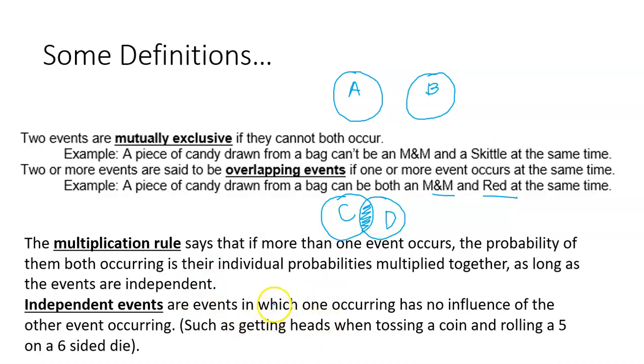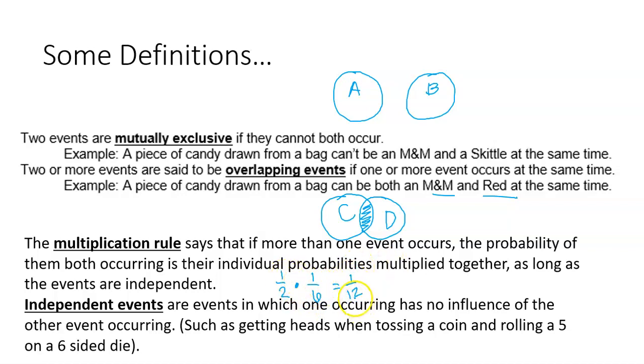The probability of getting a head, if I'm tossing a coin, is 1 out of 2. The probability of rolling a 5 on a six-sided die is 1 out of 6. To get the probability of both of them happening, I would multiply these together. So I would have 1 over 12.